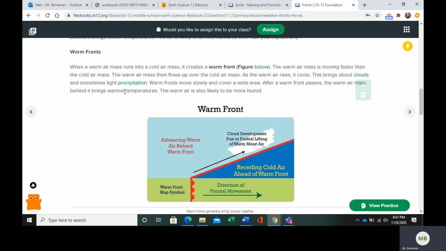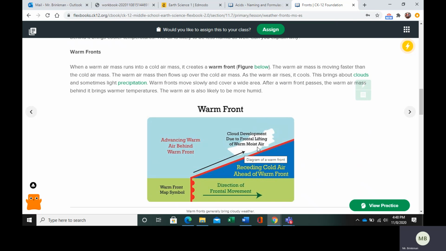Warm fronts happen when a warm air mass runs into a cold air mass. Okay, so in this case, the warm air mass is moving faster than the cold air mass, and the warm air mass is going to flow up over the cold air mass. And as in the cold front, as the warm air rises, it's going to cool.